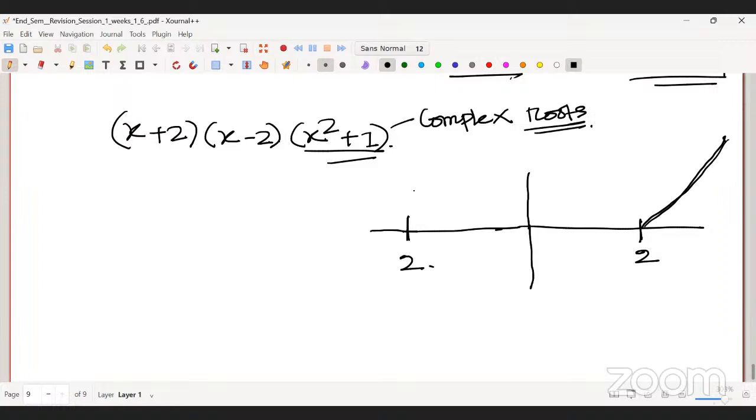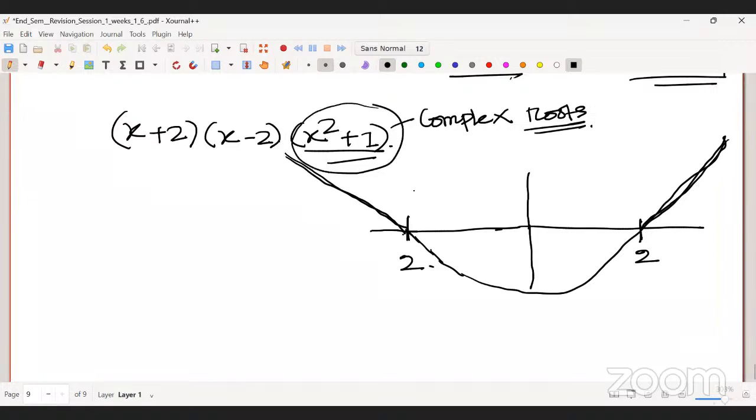If you take x towards -infinity, it will go upward again. Most likely it will go in this way. Certainly it's not going to cut your x-axis anywhere else because you don't have any other real roots, right? Yes, sir.